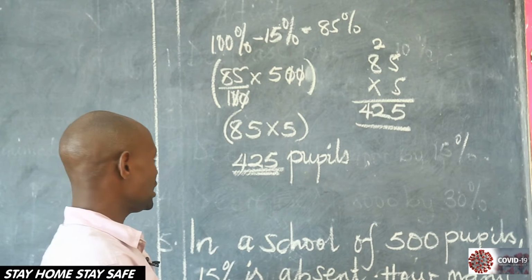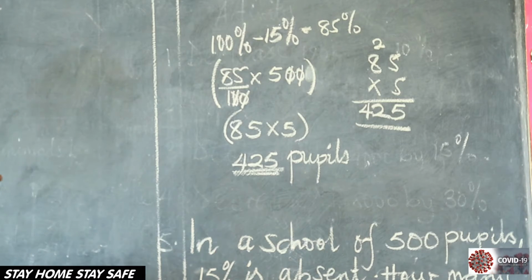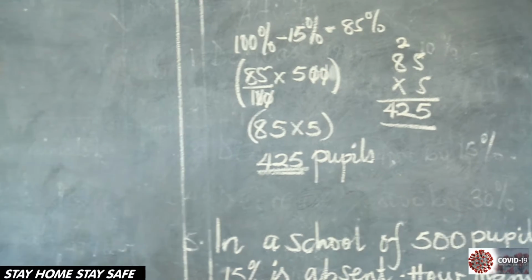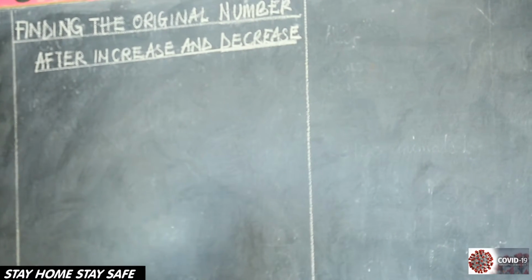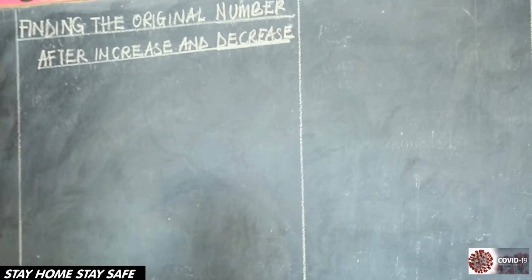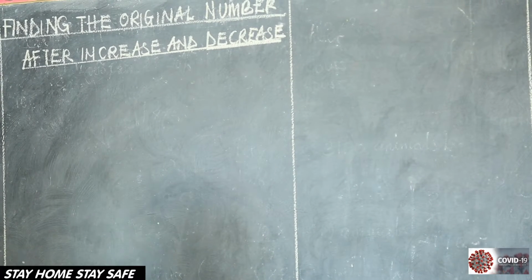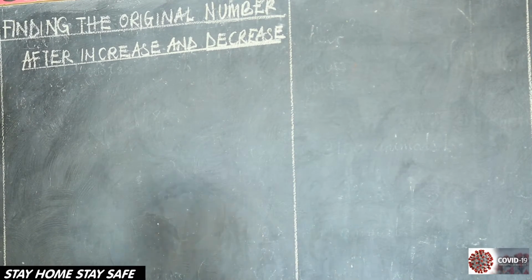So, my dear learners, today we are going to look at where I have given you the new number after an increase or decrease, and I want you to get the original number. I'm going to teach you how to find the original number when the new number has been given.